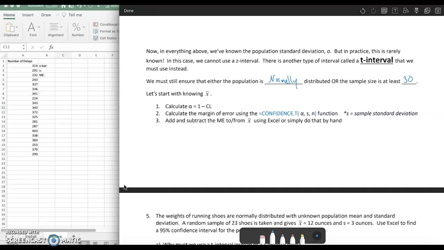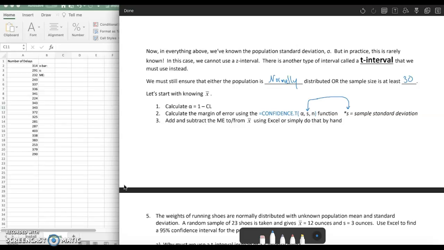Notice the difference here when we're doing a t confidence interval. We don't know sigma. We can't sub that in. Instead, we know s, the standard deviation of the sample. So no population information is known. Only the sample information is known. We have x bar and we have s from our sample.